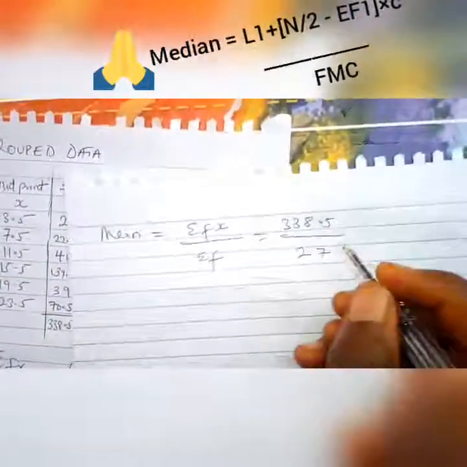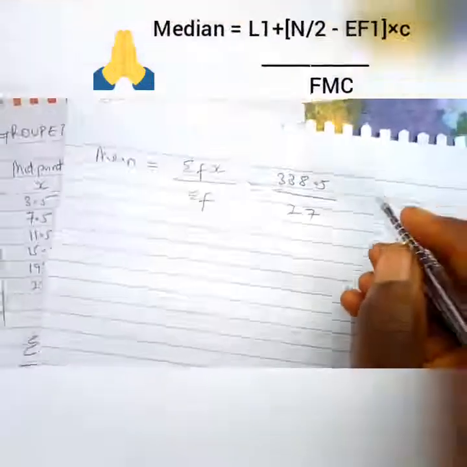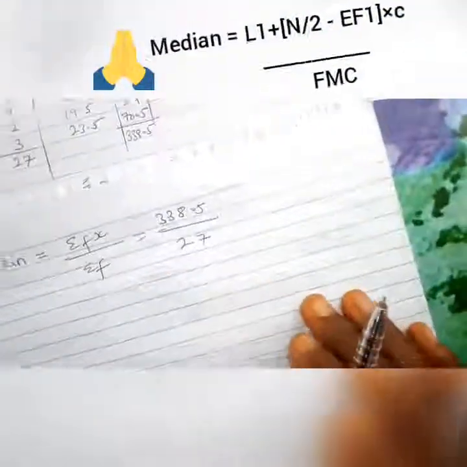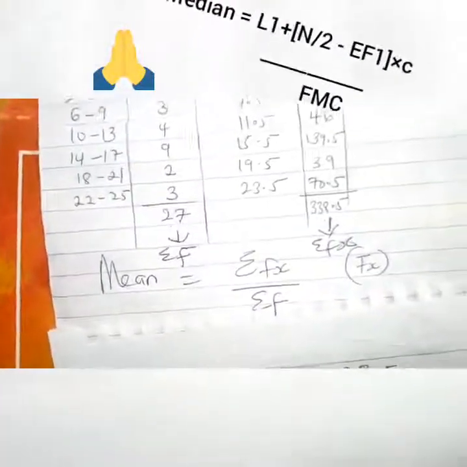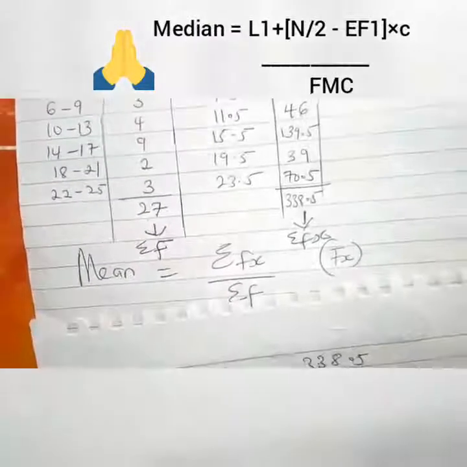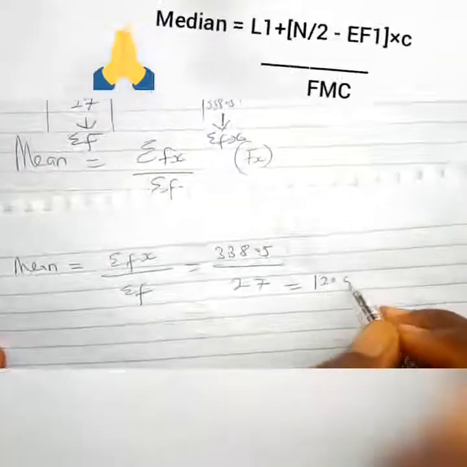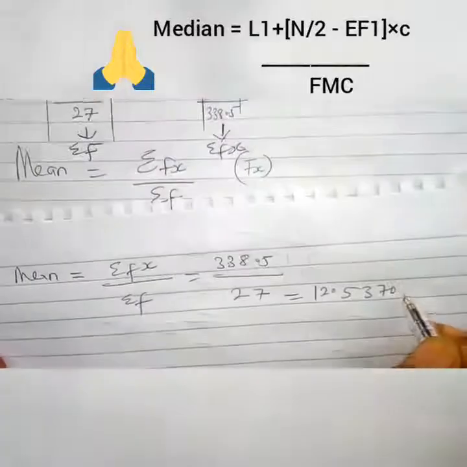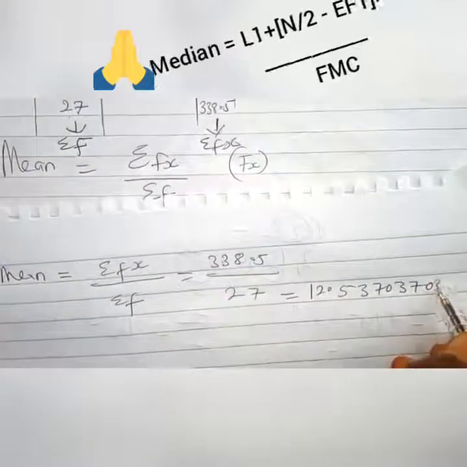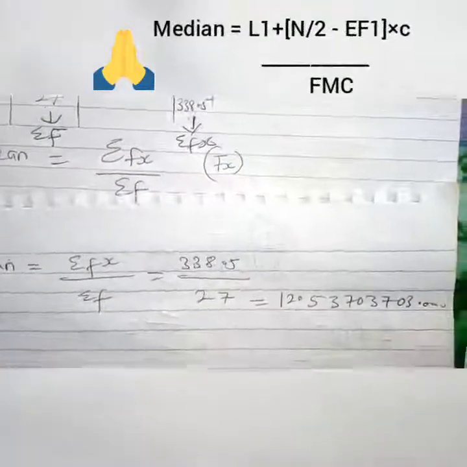I hope you get that. So if you punch your calculator, you'll be having something like 12.53703703. I hope you understand that.